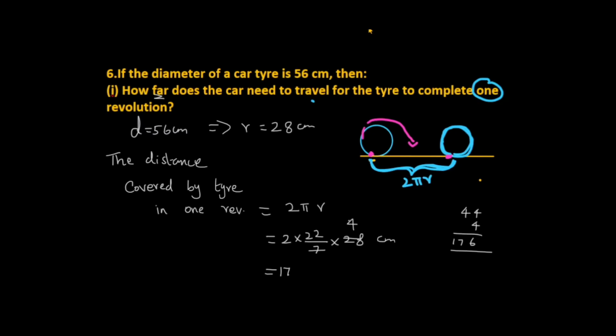So it can cover 176 centimeter, which means the circumference of the circle is 176 centimeter. The same distance it can cover here also. So this distance is nothing but 176 centimeter.